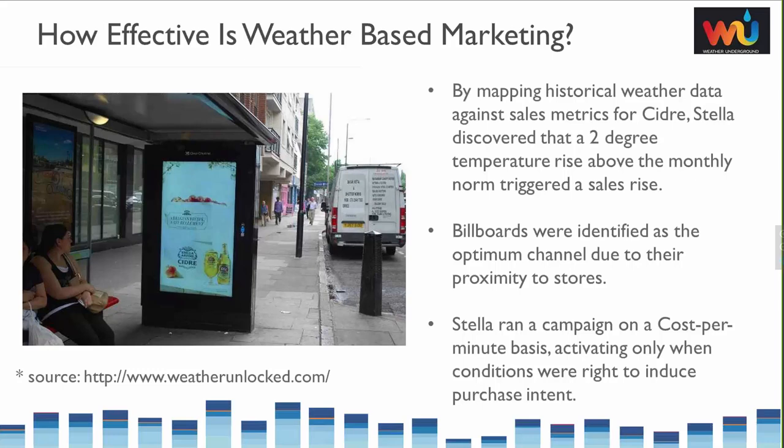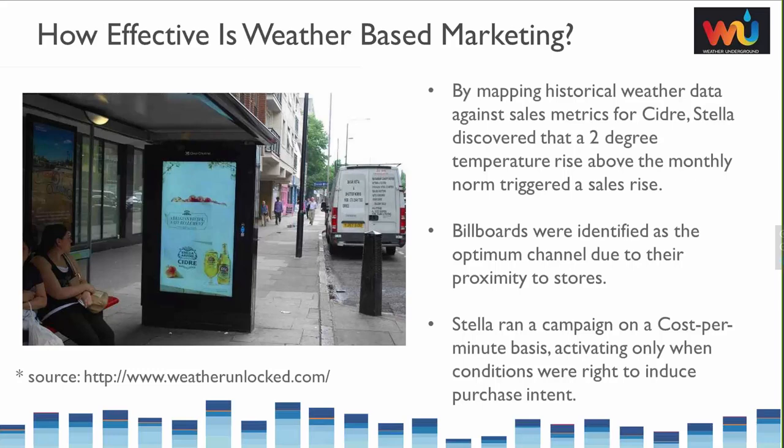So what they then did was to identify digital billboards as their optimum channel to advertise. And they ran a campaign on a minute-by-minute, cost-per-minute basis. And they only activated that campaign when the weather conditions were just right to try and induce purchase intent and get the most number of people buying cider when the weather was right for it.